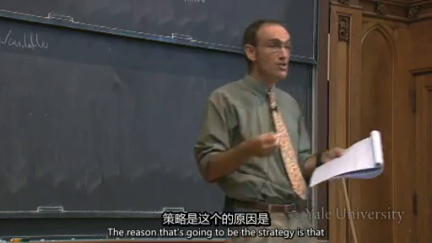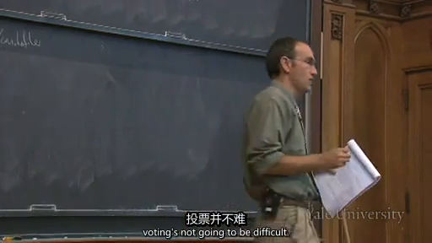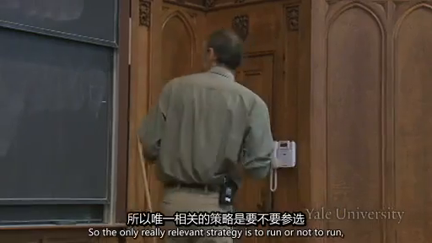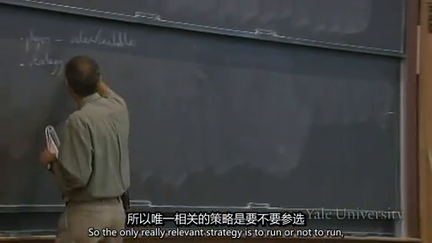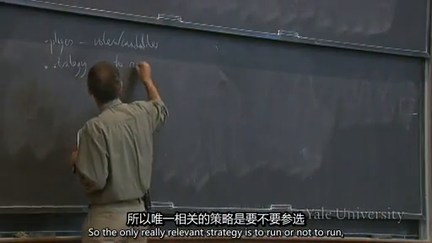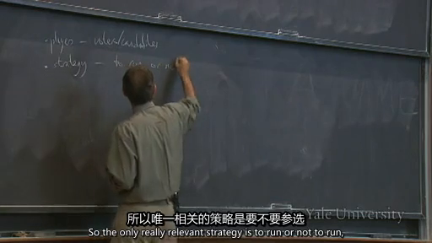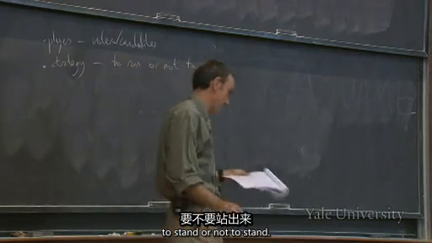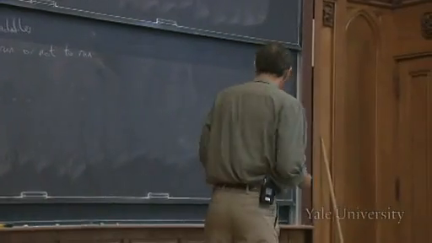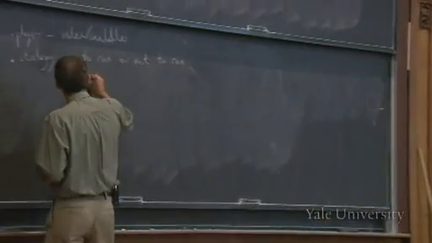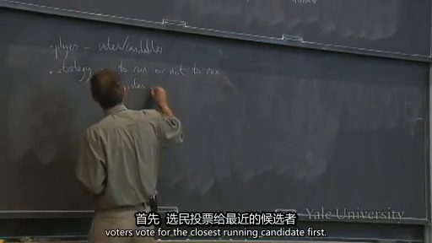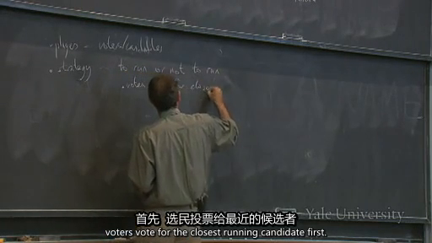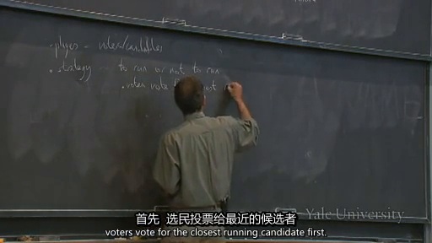The reason is that voting is not going to be difficult. You're always going to end up voting for the candidate who's closest. So the only really relevant strategy is to run or not to run, to stand or not to stand. Just to make that clear, voters vote for the closest running candidate.